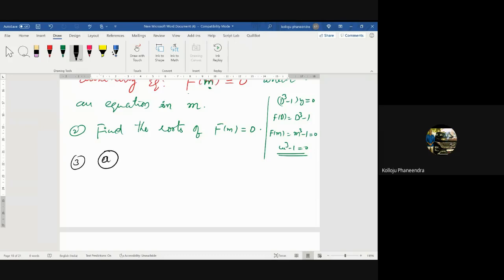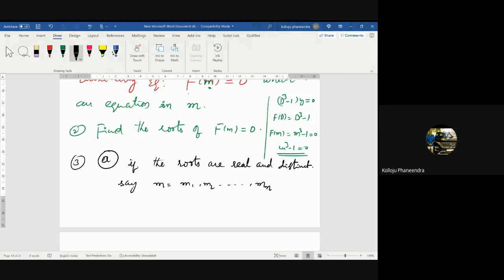Find the roots of F of m equal to 0. If the roots are real and distinct, say the roots are m1, m2, and so on, mn. We are considering an nth order differential equation.